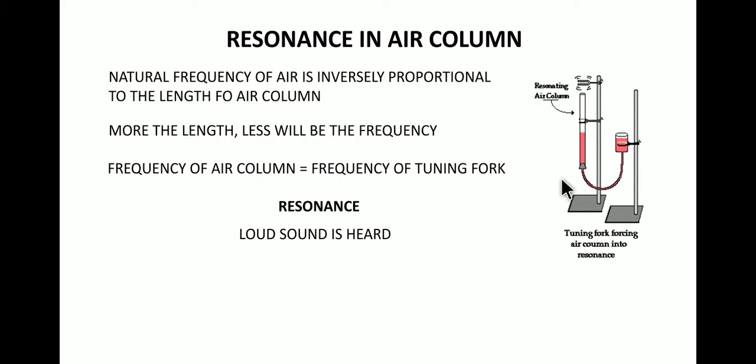This again is because the frequency of the air column becomes equal to the frequency of the tuning fork when the length of the air column becomes 3 times the previous length or 5 times the previous length. So the resonance may occur again. This means that if initially the loud sound was heard when the air column was 10 centimeters, next time the loud sound will be heard when the air column becomes 30 centimeters and 50 centimeters.